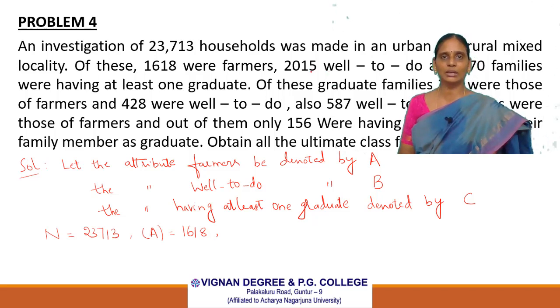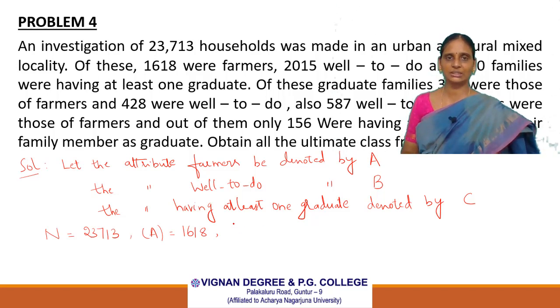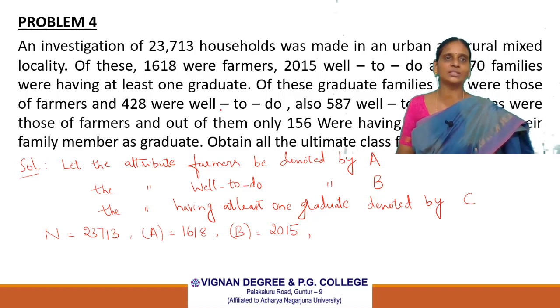And well-to-do are 2015, denoted by the letter B. So frequency of B value is 2015. And 770 families were having at least one graduate, denoted by the letter C. So frequency of C is equal to 770.